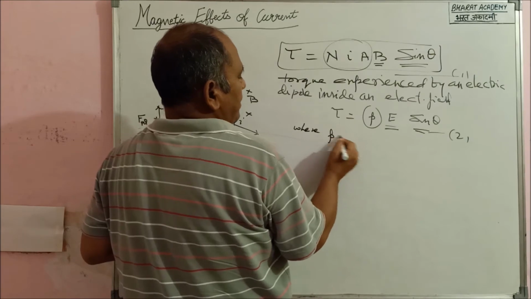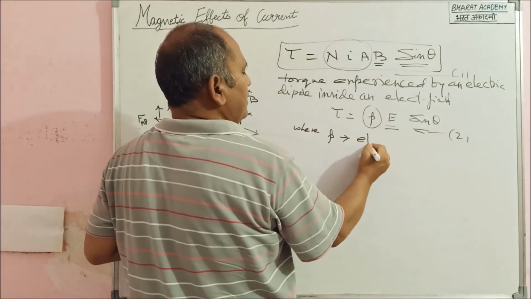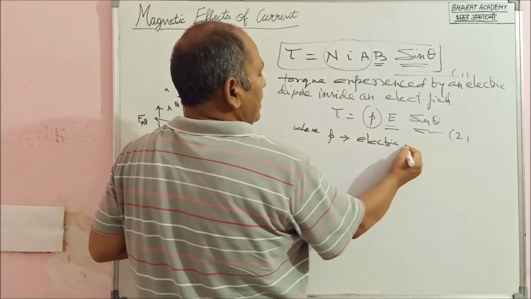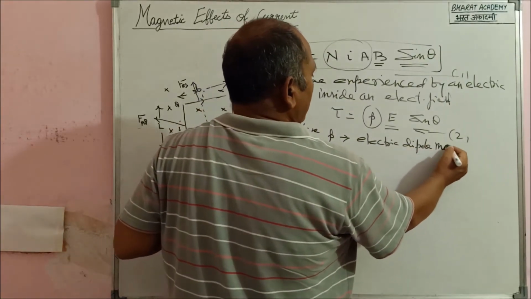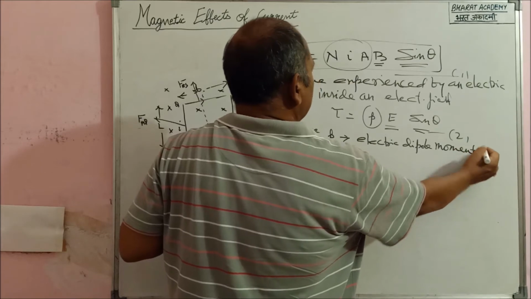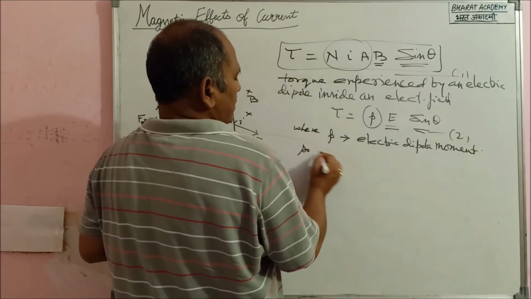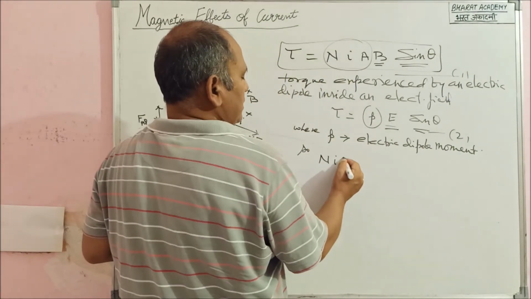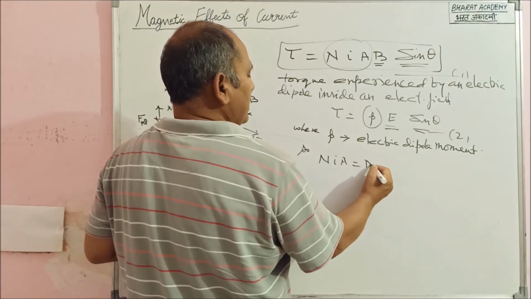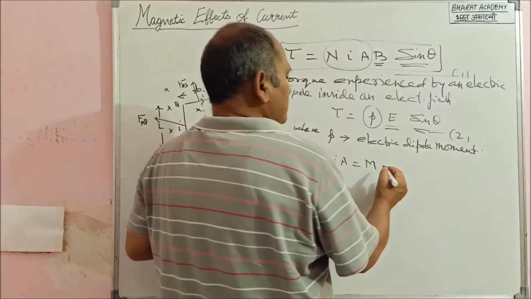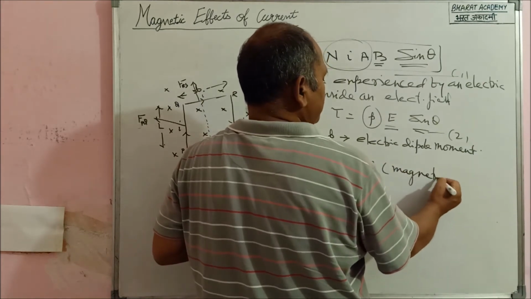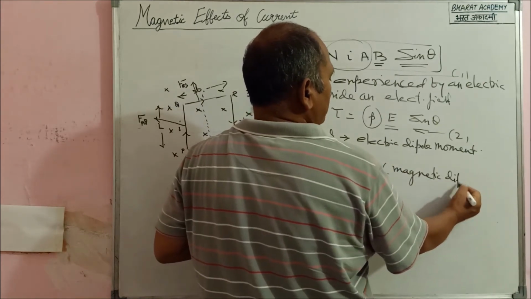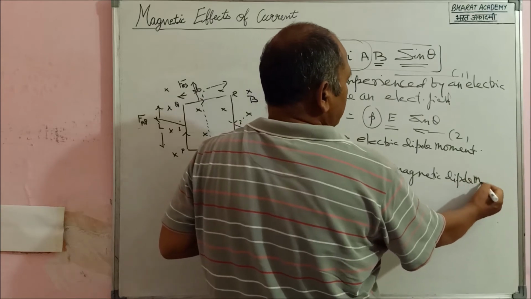where P was given the name, if you do remember, electric dipole moment. Just in analogy to this, NIA is given a new name, we denote it by capital M, and it is known as magnetic dipole moment.